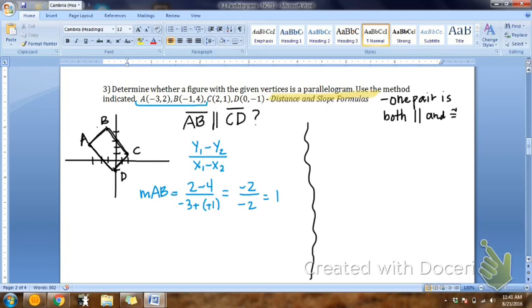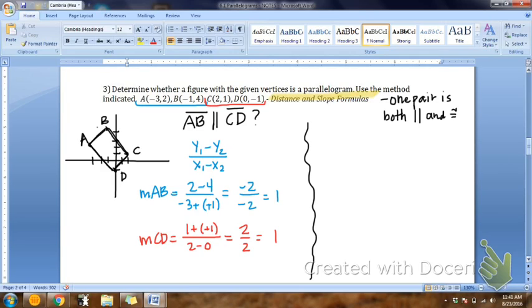Now let's check the slope of CD. What's 2 over 2? 1.